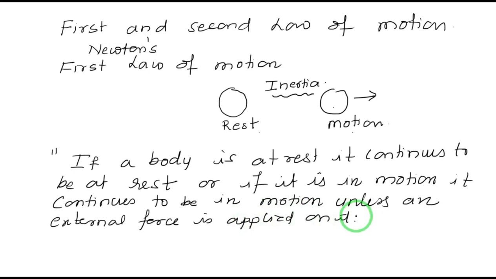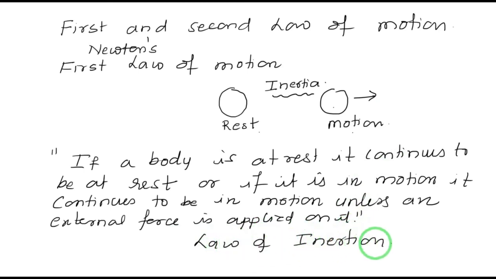So this we have learnt in the previous video. We had 2 videos on this force and acceleration chapter, right? This is the first law of motion, and this law is also called the law of inertia.